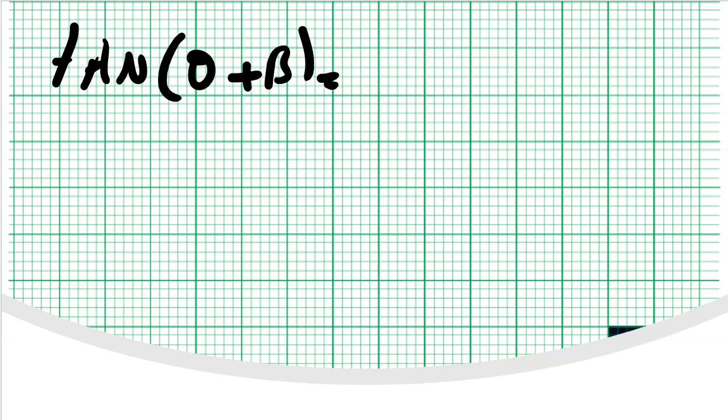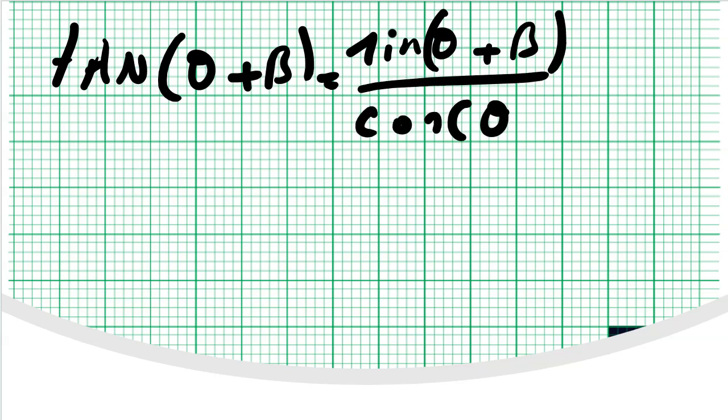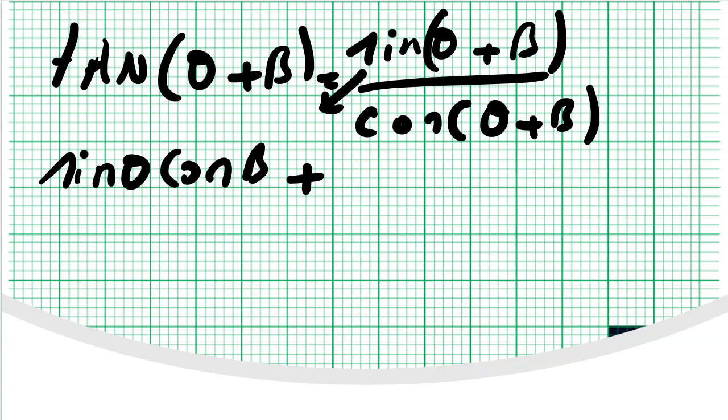The tangent of theta plus beta, think of it this way, equals sine of theta plus beta divided by cosine of theta plus beta, right? So if you apply the crab rule, or crab partner rules, to the numerator and denominator, that's sine theta cosine beta, don't change, it's plus cosine theta sine beta.